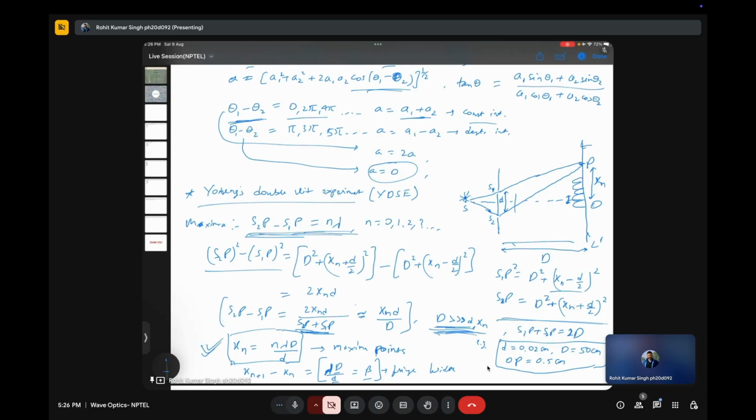Okay. Now, this is the Young double slit experiment, and it has its limitations. If you want to do it at home, you will face many issues. For example, how do you make these holes, these slits?